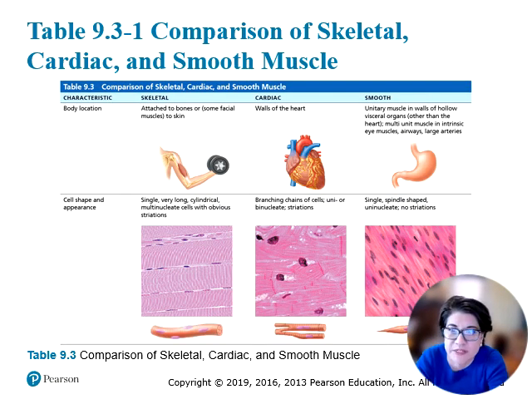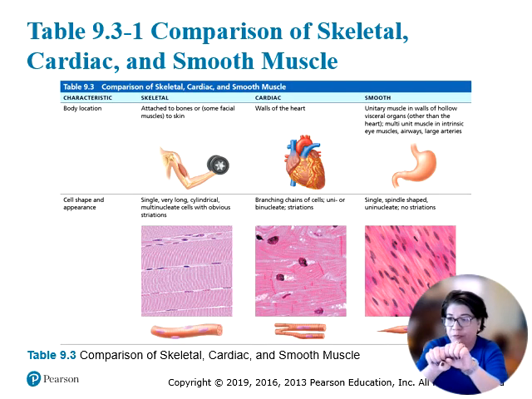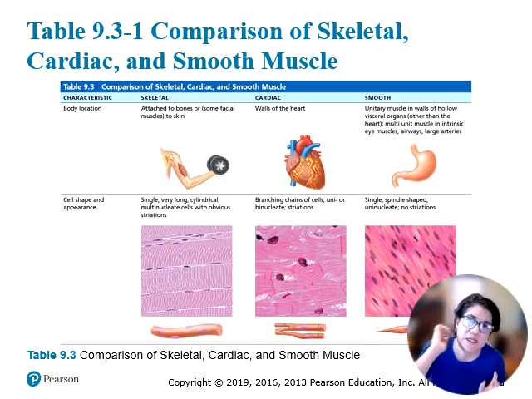So here are the 3 types. You can see that skeletal and cardiac are striated. Those are the little striped appearances. Then smooth muscles are not striated. Skeletal muscles are long cylinders, so one muscle fiber is like a long cylinder. They're really weird. They have lots of mitochondria, and they also have lots of nuclei.